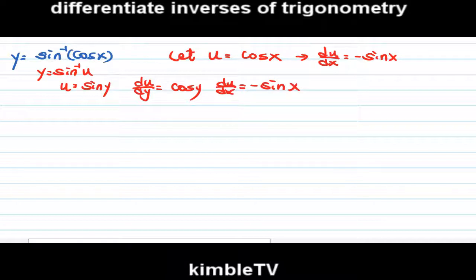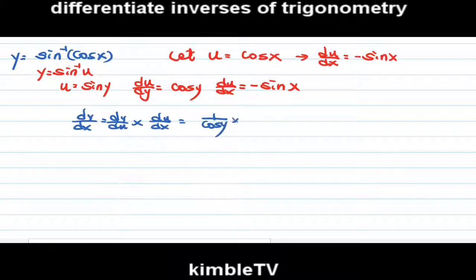These remind me of the chain rule. So dy/dx equals dy/du times du/dx. Substitute dy/du as 1/cos y times du/dx, minus sin x, which equals minus sin x over cos y, and y must be changed into x.